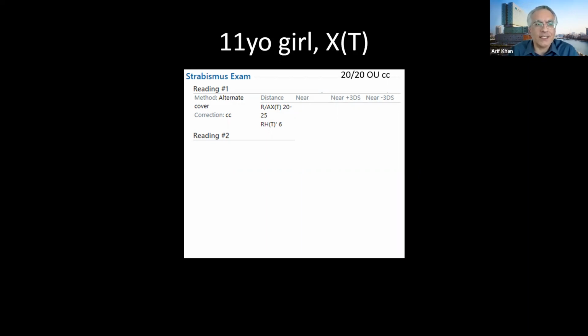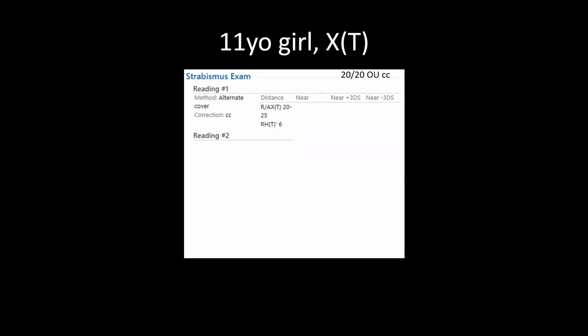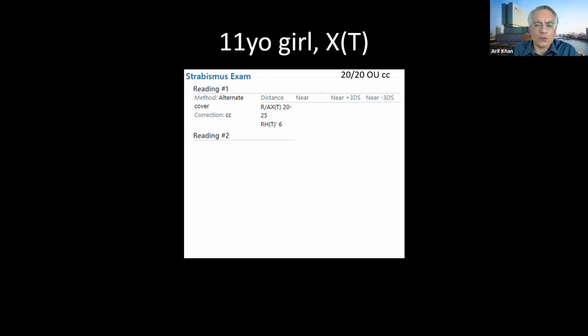And in intermittent exotropia, what do we usually see? Do we usually see that the near is more than the distance, or the distance is more than the near? In the basic XT, the distance is equal to the near. That's true. In basic, the distance is equal to near.